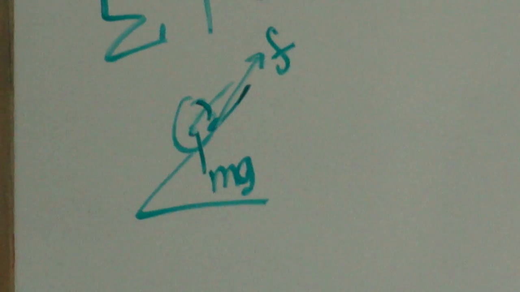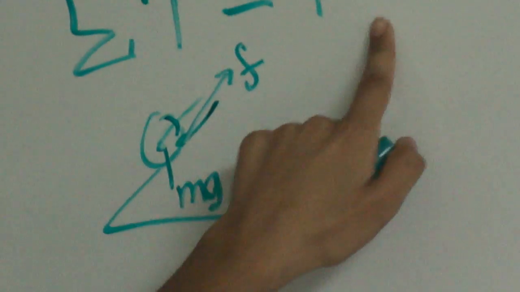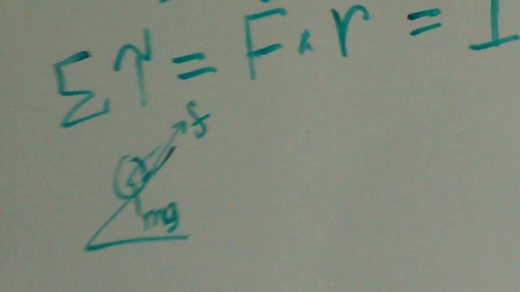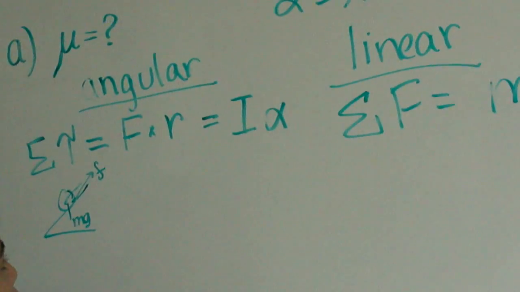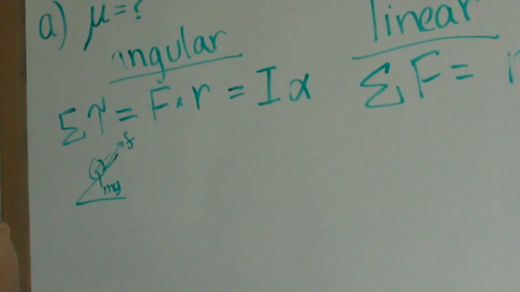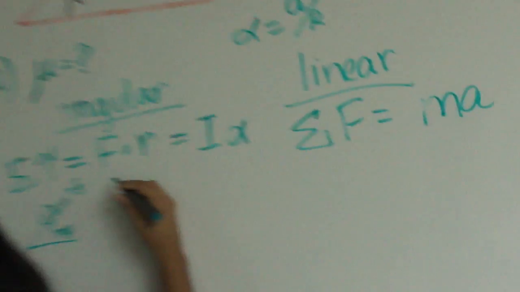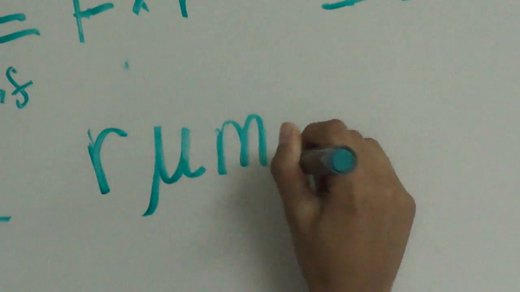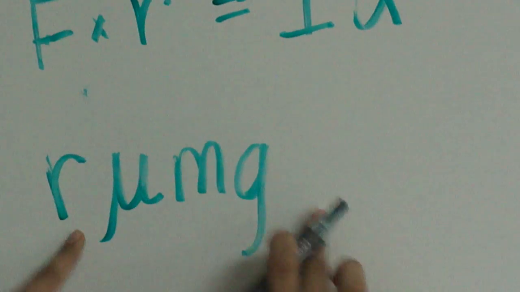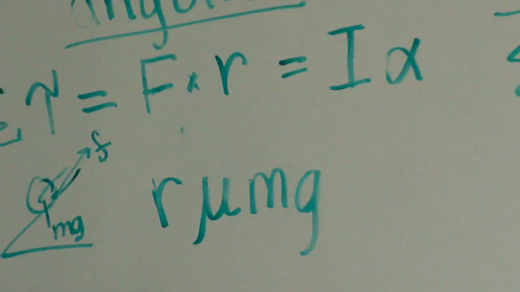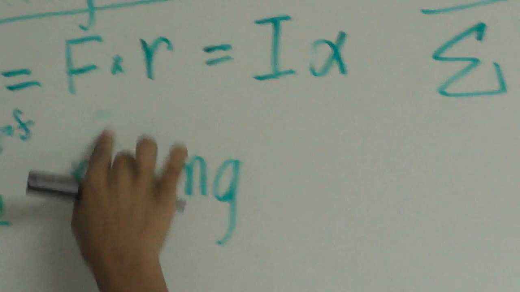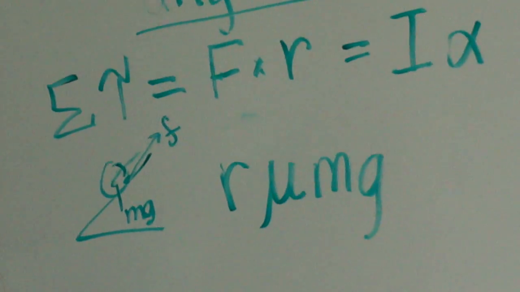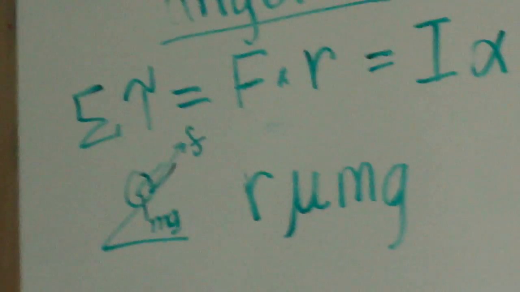Even though the cross product is sine theta, because sine of 90 minus theta also equals cosine theta, we can make this come down and it will equal the radius times mu mg, and mu mg is the force. But since it's a cross product, we also need to take into account the sine theta, which in this case is the cosine theta, just due to the complementary property.